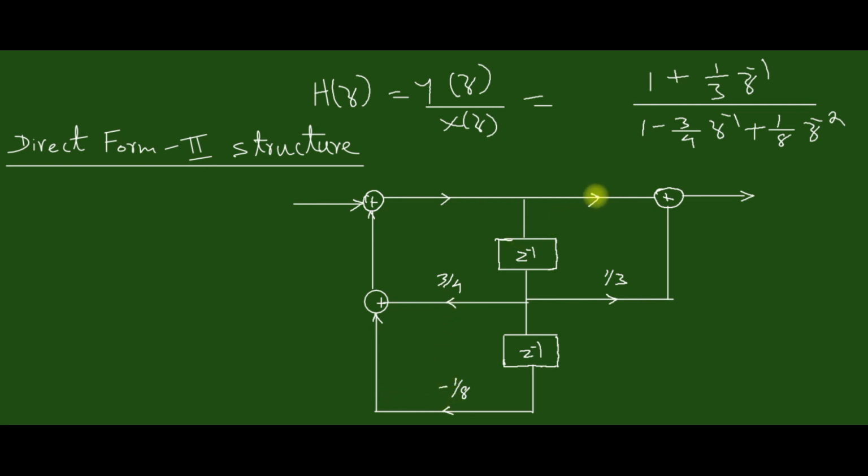The B0 coefficient is in the forward direction. Input x(n), output y(n). This is the direct form 2 structure. So we have finished solving this problem. Thank you.